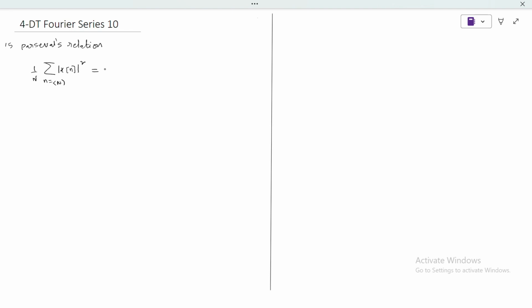Already I told you how to remember this formula: just write the x of n formula, which is nothing but the Fourier series representation. That equals sigma of mod of ak square, because the mod of the exponential goes to 1, with k within the time period, because ak is a periodic signal. Now write the formula for ak: 1 by N sigma n within the time period of mod of x of n square. The square of the signal is nothing but power, and the mod of the exponential goes to 1. So this is Parseval's relation.